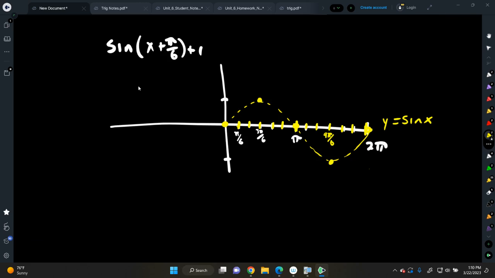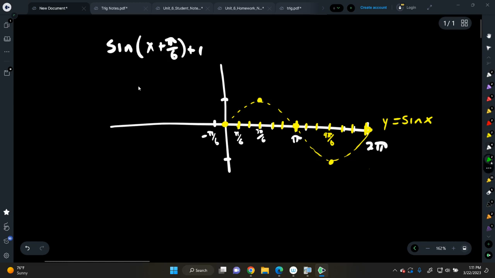So I figure out my shift before I make my little tick marks on my graph, because I need to be able to shift it 1 unit to the left, okay? So I've got to go 1 unit to the left. So this is pi over 6 or negative pi over 6. Everything is going to shift over 1 pi over 6 to the left.